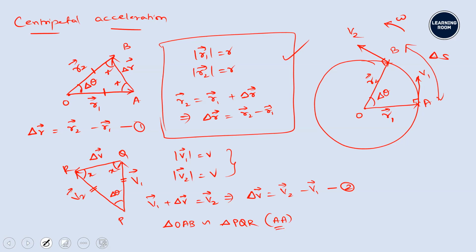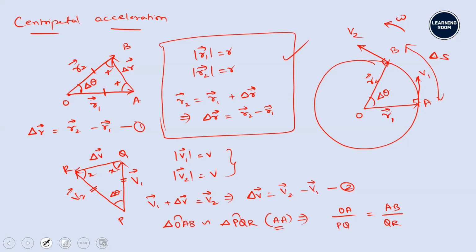Right? So when you have two similar triangles, an important point is that their sides are in the same proportion, meaning OA divided by PQ will be equal to AB divided by QR.